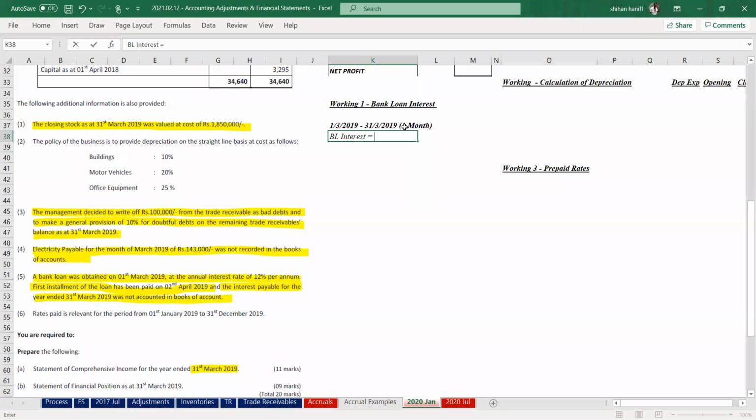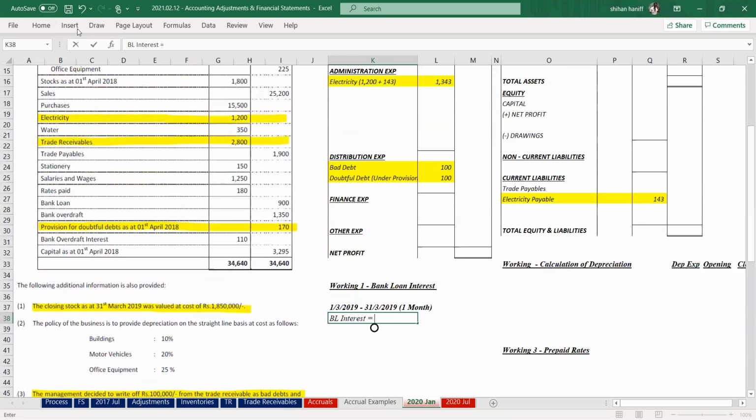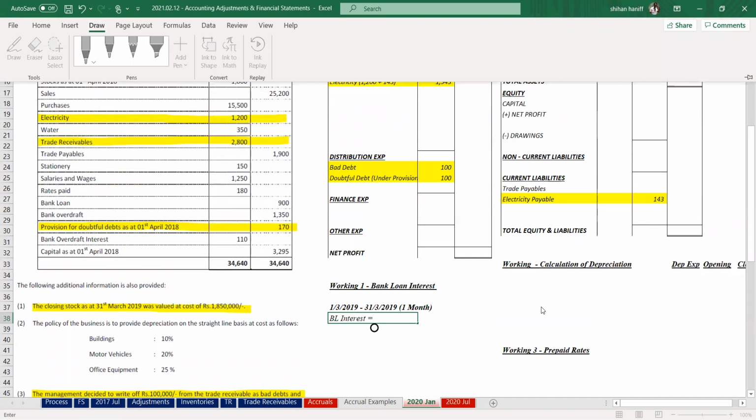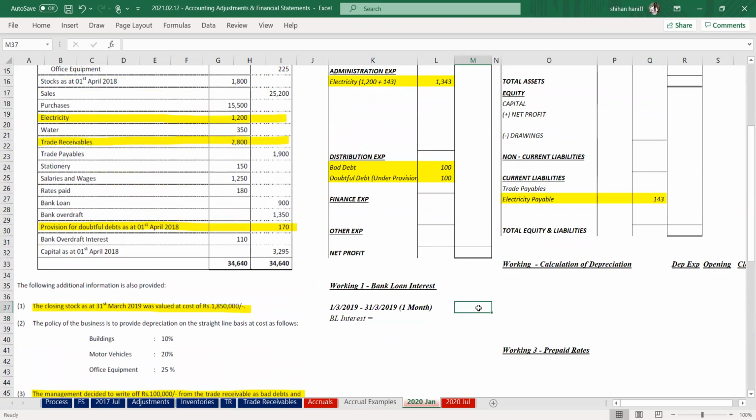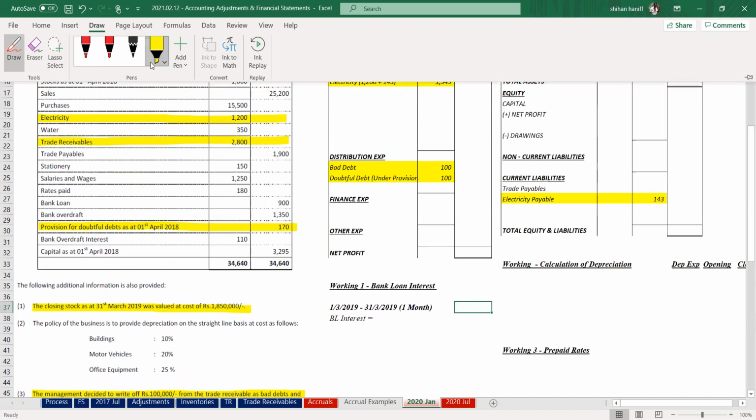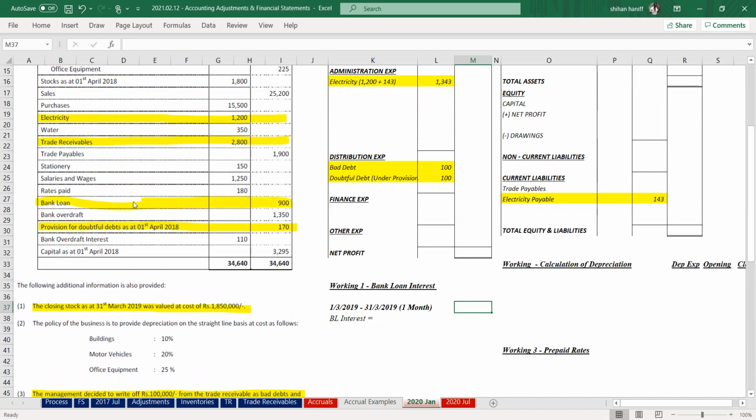The bank loan amount is given in the trial balance. Bank loan is 900,000.